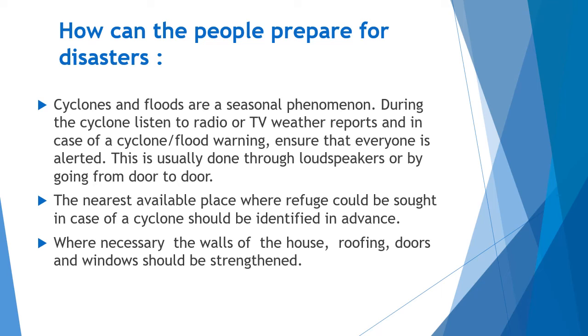And where necessary, the walls of the house, roofing, doors and windows should be strengthened. Suppose the government feels that something is not good and may be damaged at the time of rain or cyclone. Before that itself, the government has to take care. Proper strong walls, houses, roofs, doors, and roads may be constructed by the government.